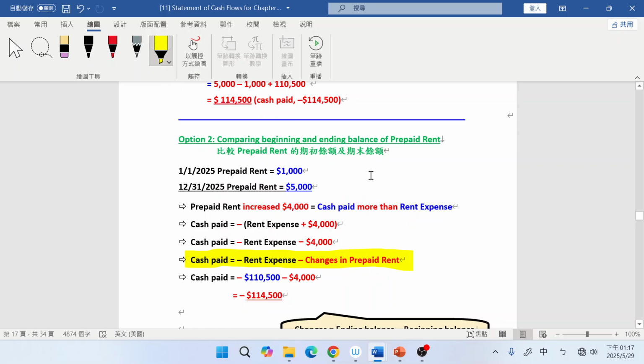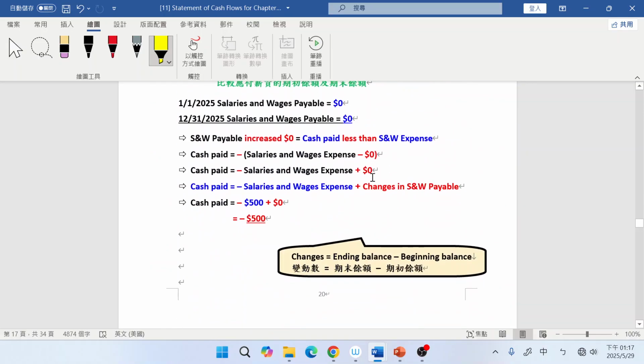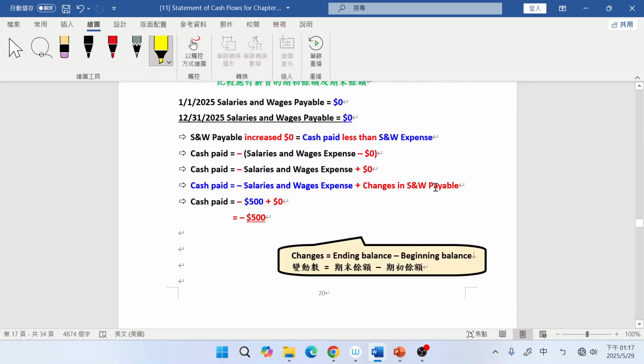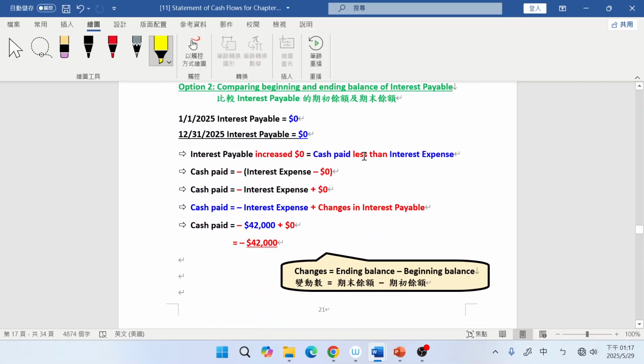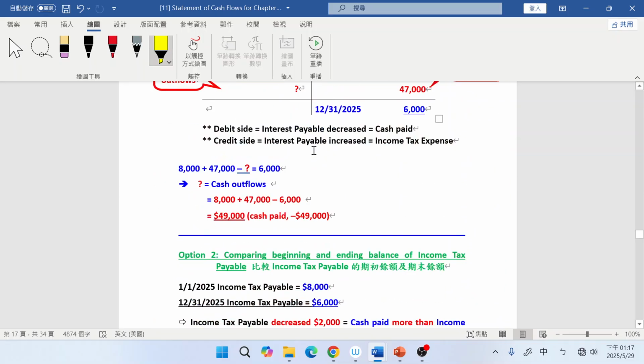How about current liabilities? Through your pages 20 to 22, you got the formula. Did you find it? Plus changing salaries and wages payable. Next page, plus changing interest payable.